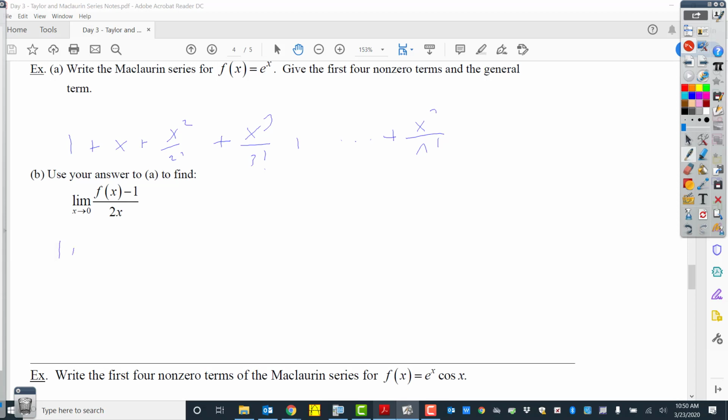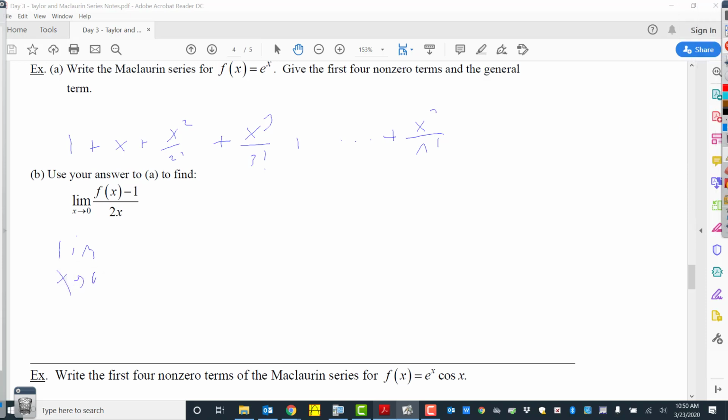So that means we're saying the limit as x approaches 0 of 1 plus x plus x squared over 2 factorial plus x cubed over 3 factorial plus ... That's the f of x part. And then it's minus 1 over 2x.